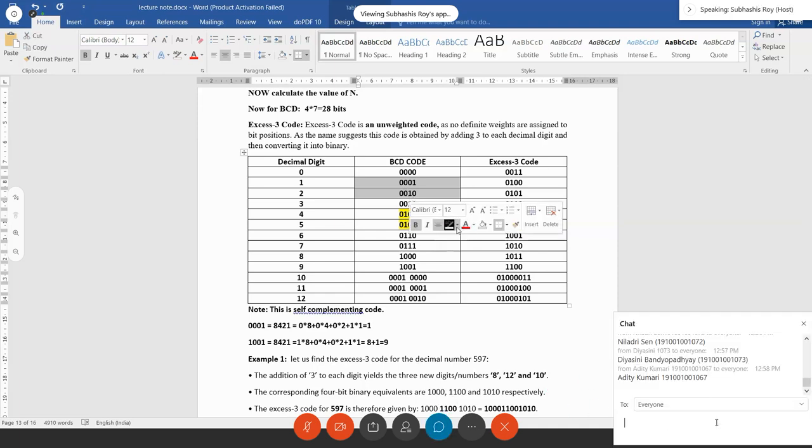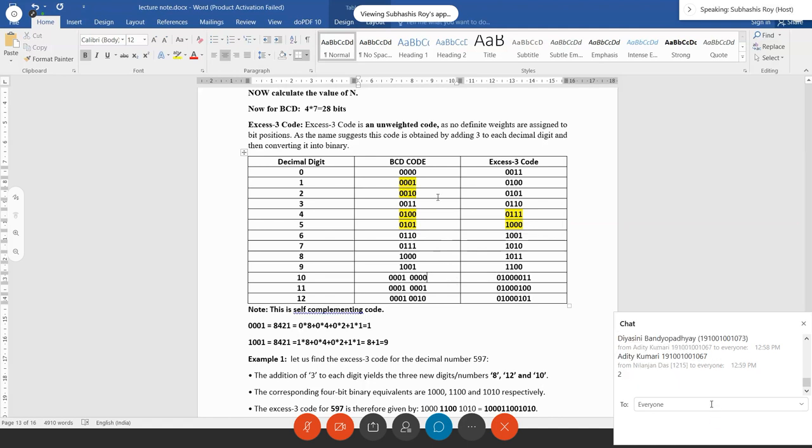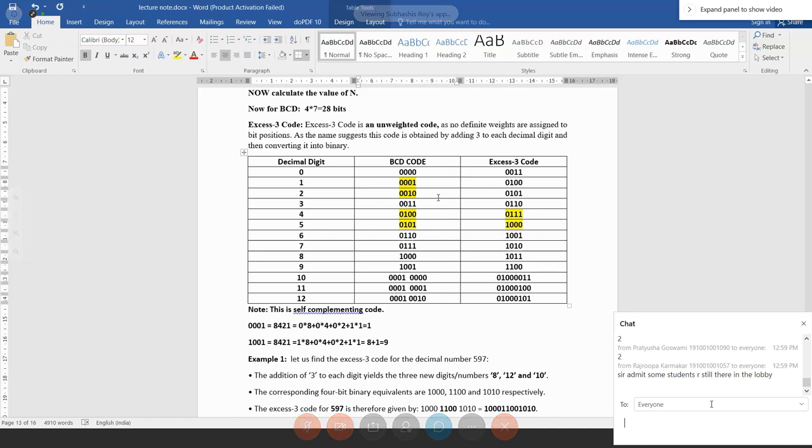So what will be your Hamming distance? From 1 to 2, it is 2. Okay, so you see, if you take a different example, you will get a different Hamming distance.